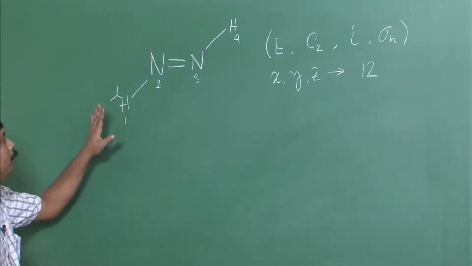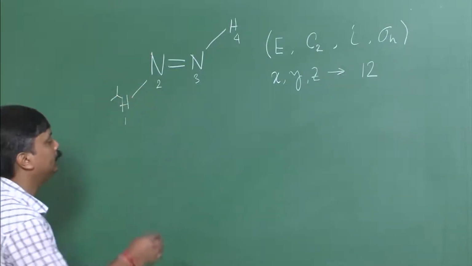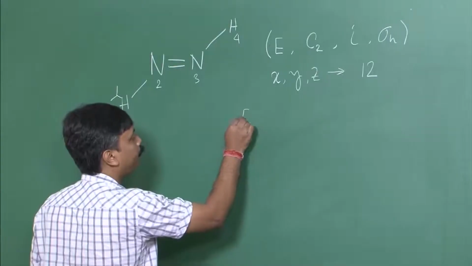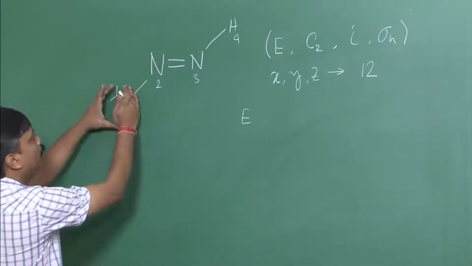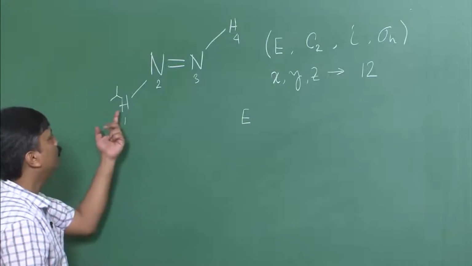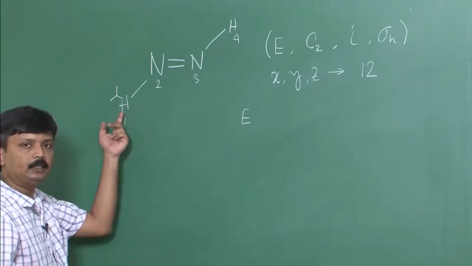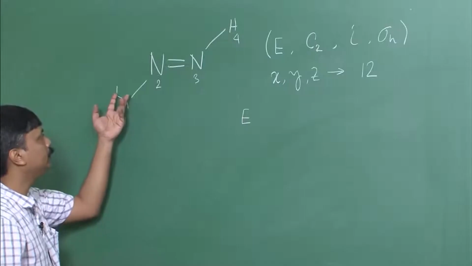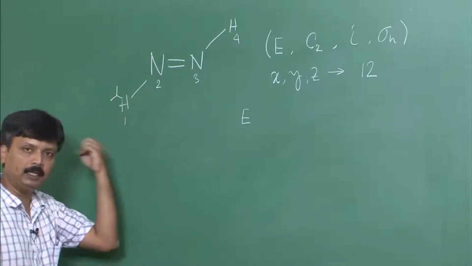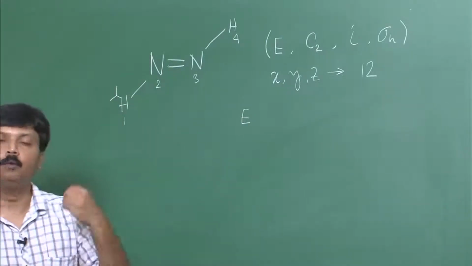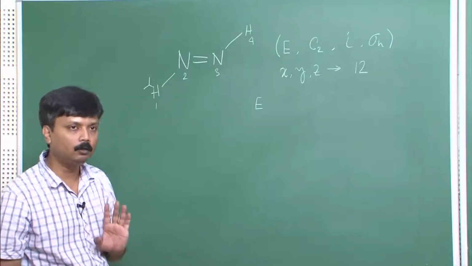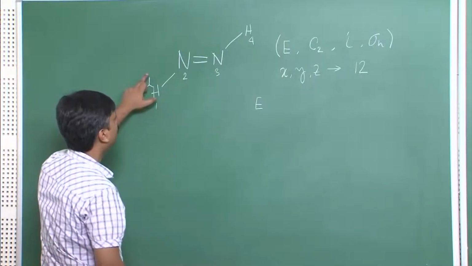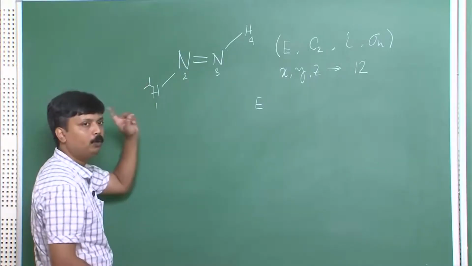So, for example, take the identity operation. If I operate identity on this molecule, let us concentrate only on this hydrogen atom. This one will remain unchanged, unshifted. So this atom and any basis functions on that atom will contribute 1 each to the overall character. So x1, y1 and z1 will contribute 1 each.